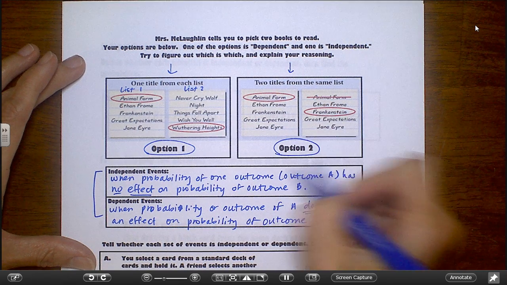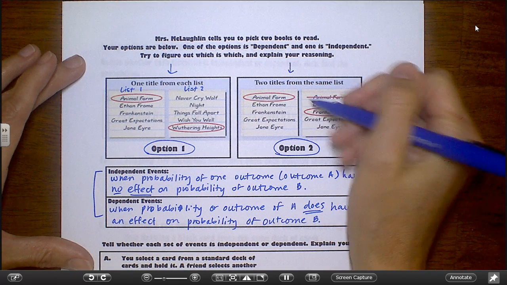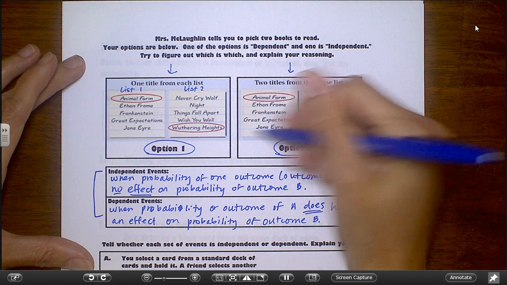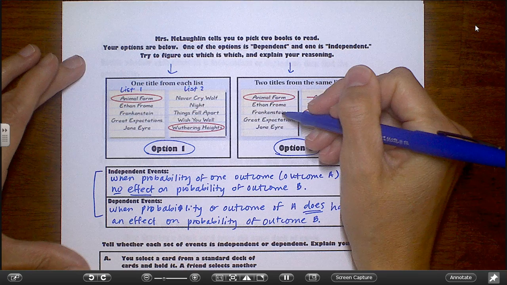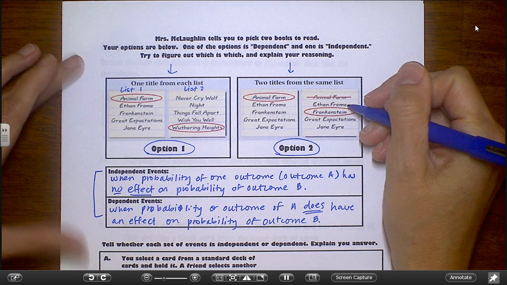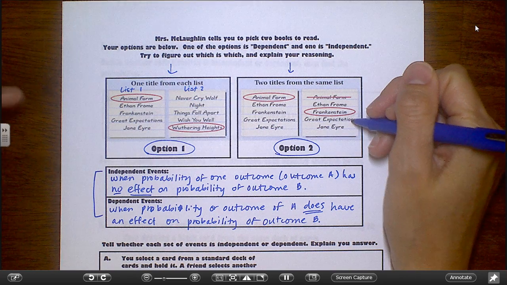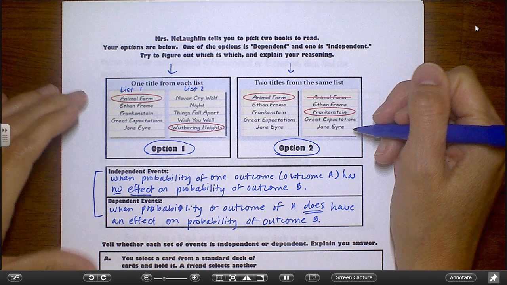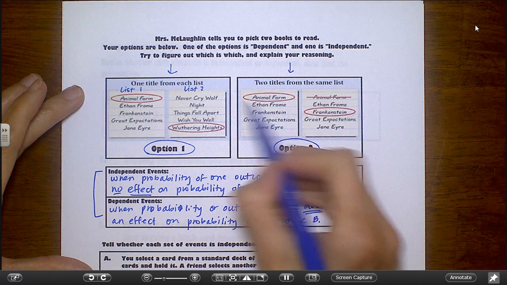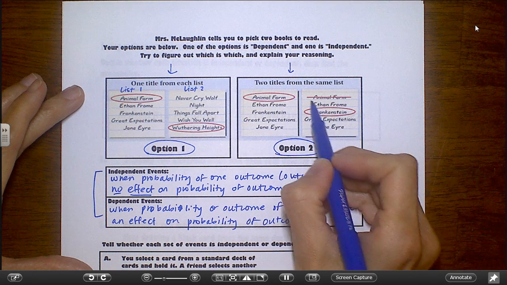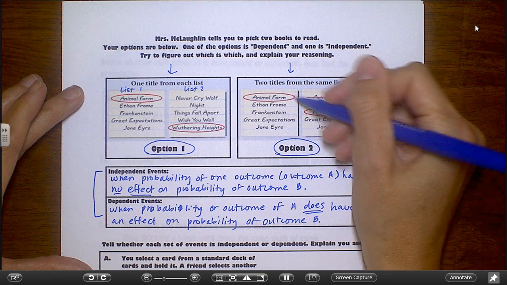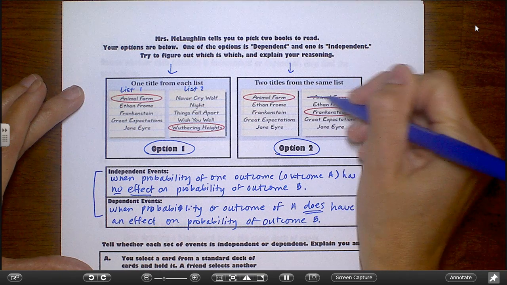But if I look over here at option 2, I have to pick 2 titles from the same list. Because if you look at this, it's the same: Animal Farm, Ethan Frome, Frankenstein, Great Expectations, and Jane Eyre. Also, Animal Farm, Ethan Frome, Frankenstein, Great Expectations, and Jane Eyre. So the fact that these are the same titles means that if I pick Animal Farm here, I can't pick it again. Here I have to pick Frankenstein. So what happens is once I pick this, it's taken out.